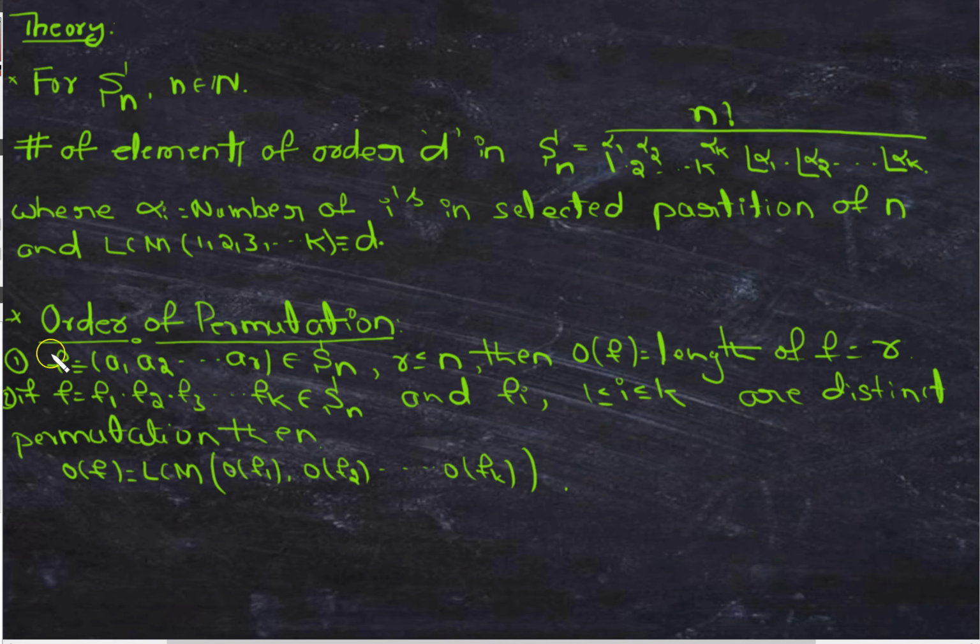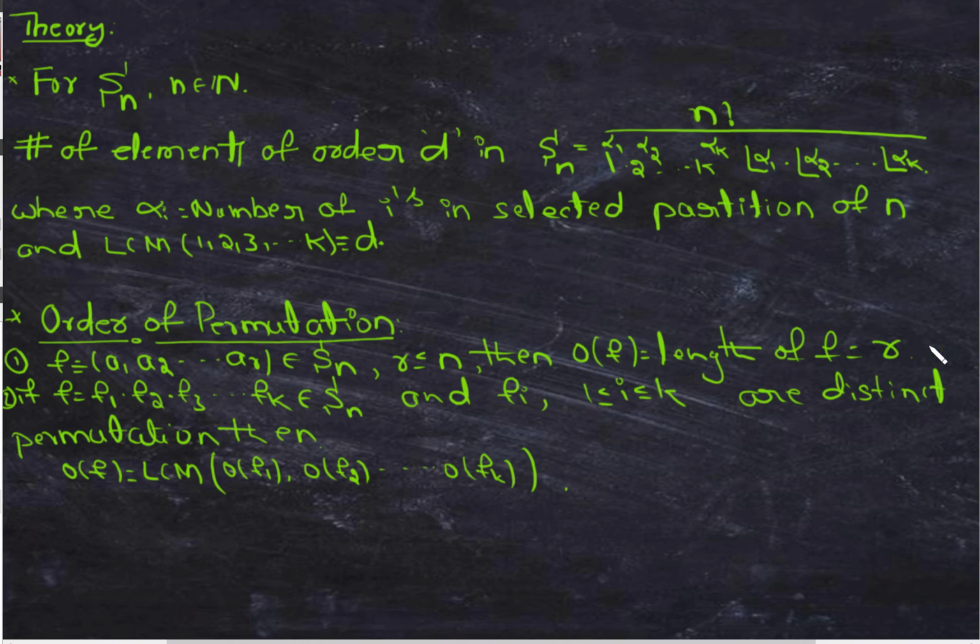Now we see how to check the order of each permutation in a symmetric group. Suppose F is a permutation of the form (a1 a2 ... ar) belonging to Sn, where r is less than or equal to n. Then the order of F is equal to the length of that permutation, that is r.